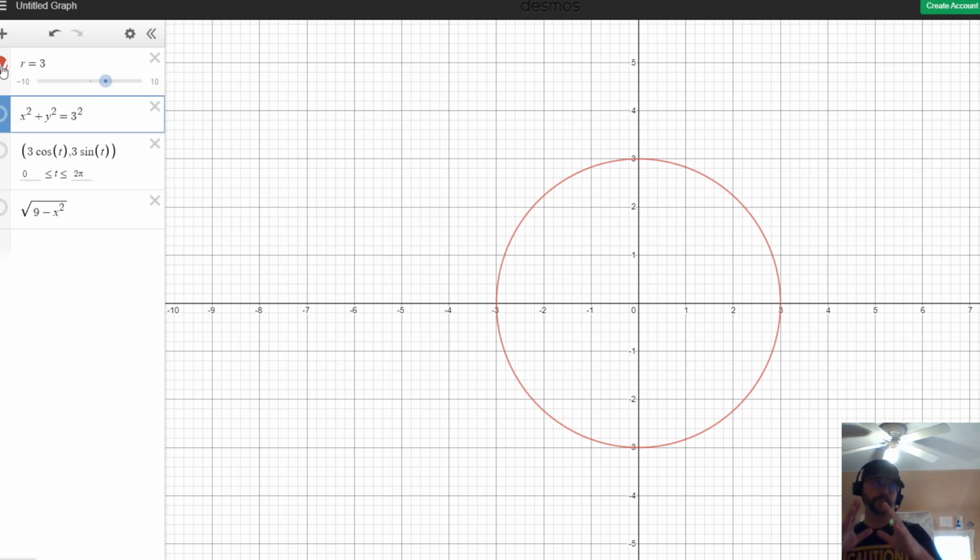For polar coordinates, what's being represented is, say we have a point. You can't click on a point in polar coordinates like you can in Cartesian on this calculator, so this will be easier to explain going back and sketching it.